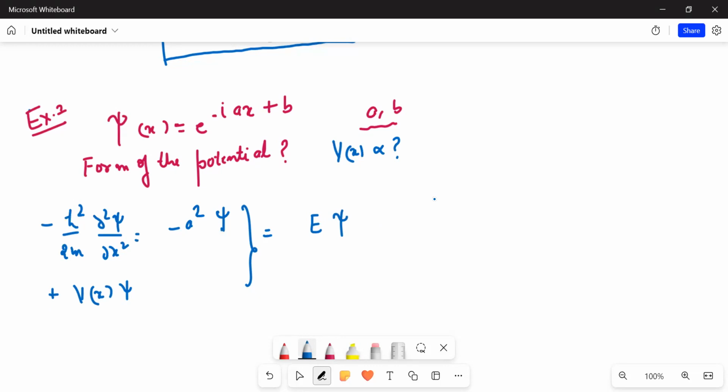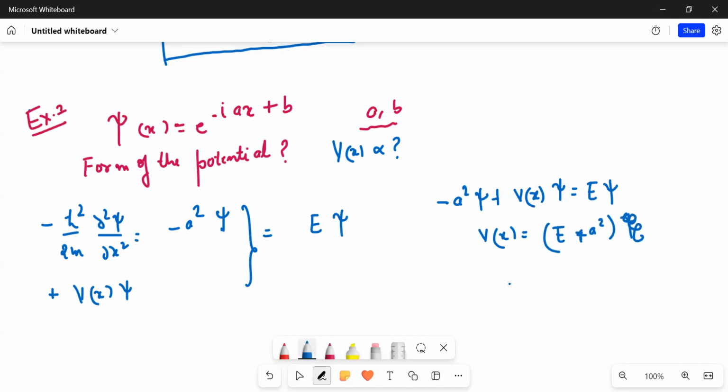So if I write this as minus A²ψ plus V(x)ψ equals Eψ, from here it is quite clear that V(x) would be simply a constant.